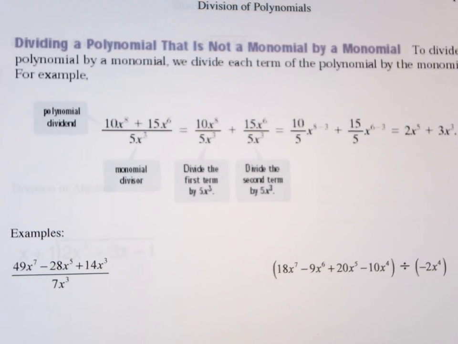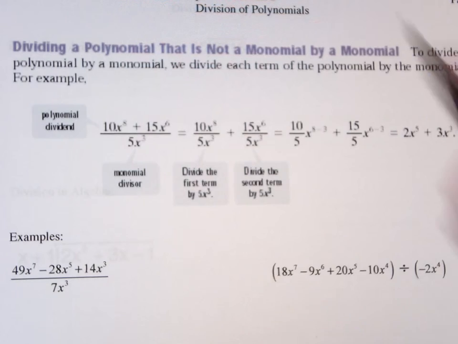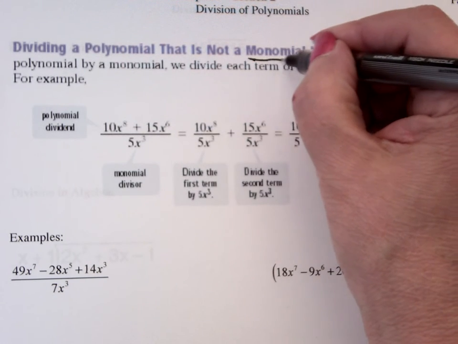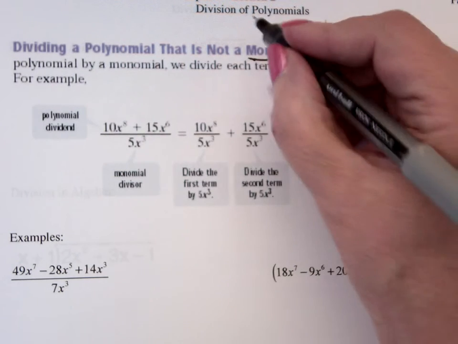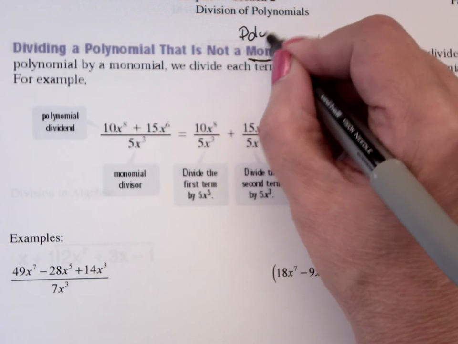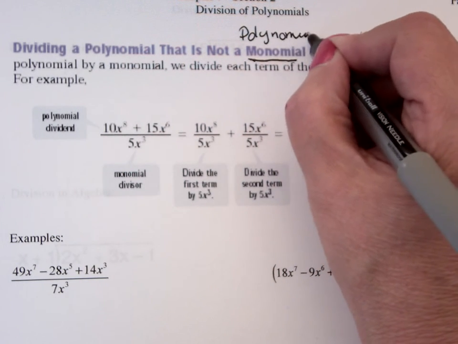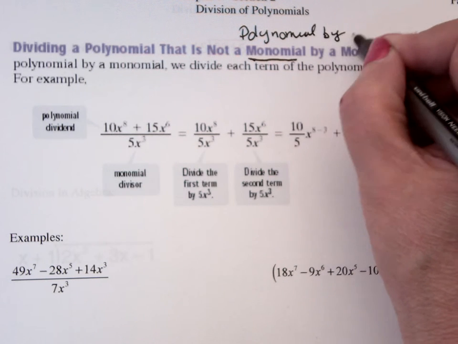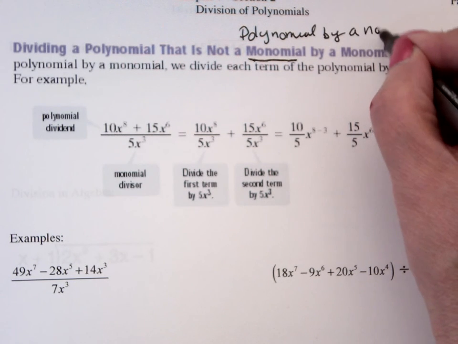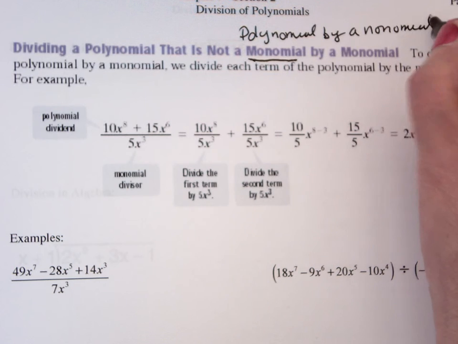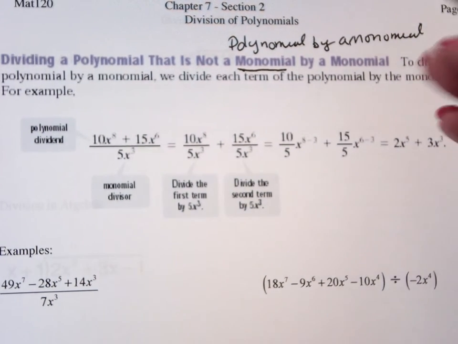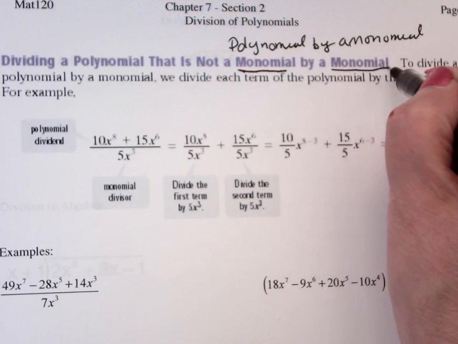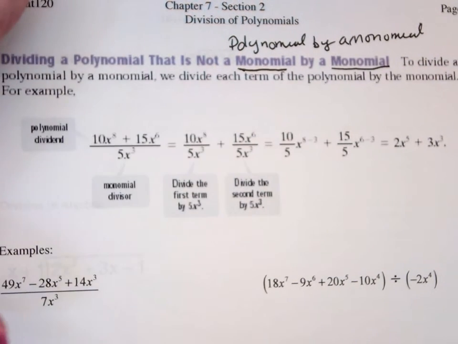This is monomial division. Monomial meaning, remember, say monomial. It's going to actually be a polynomial by a monomial, but you reduce it down to a monomial divided by a monomial.